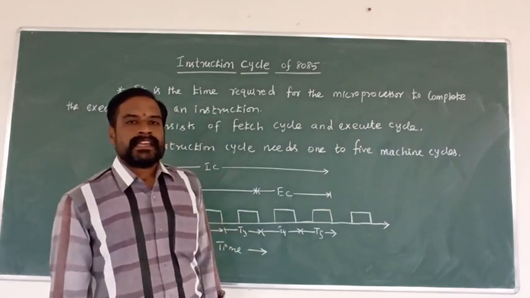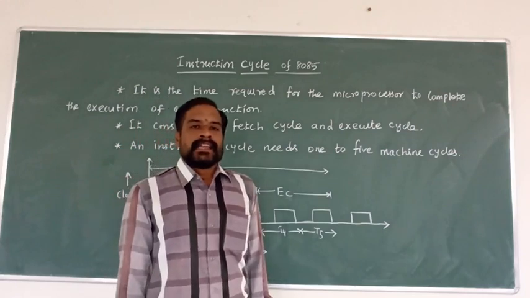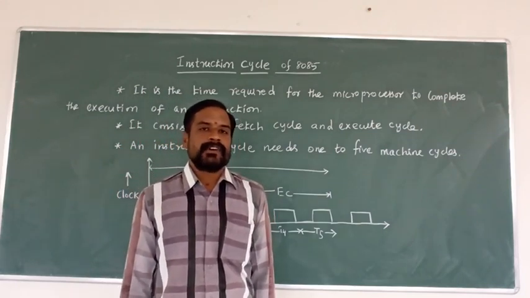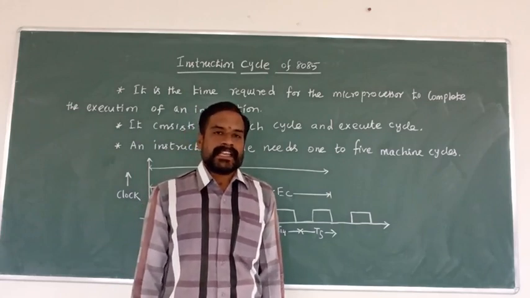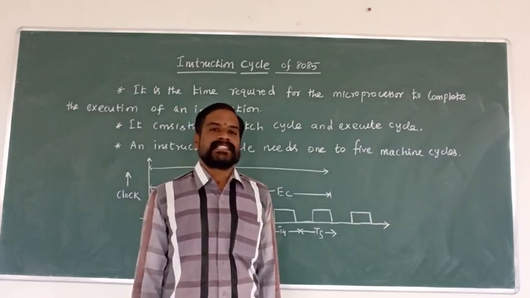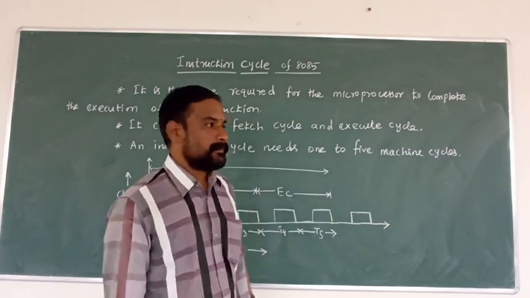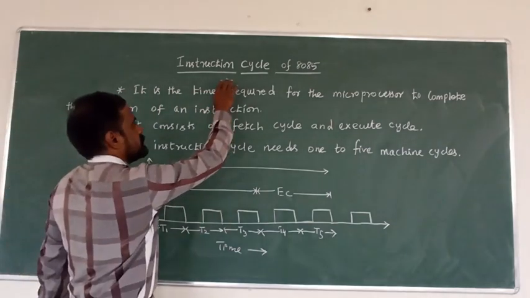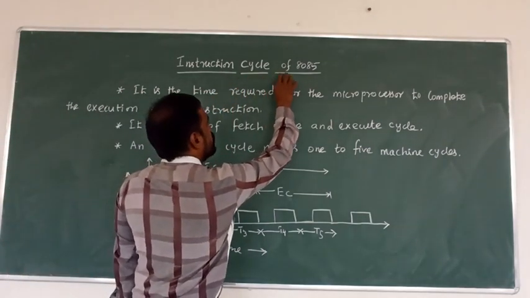Number three, execute cycle. Number four, machine cycle. Number five, T states.